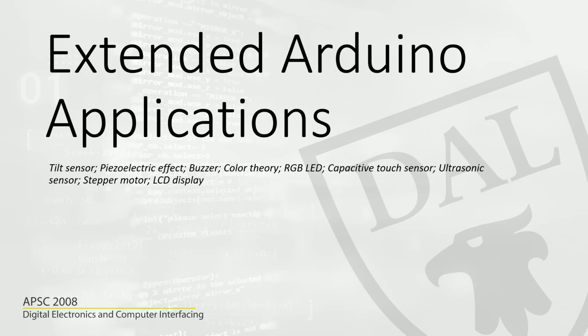We'll talk about color theory in the RGB LED. It's just like a single LED with 3 LEDs built into it. There are 3 LEDs, and by changing the intensity of those LEDs, we can produce whatever color we want in the spectrum. We'll also talk about capacitive touch sensors.